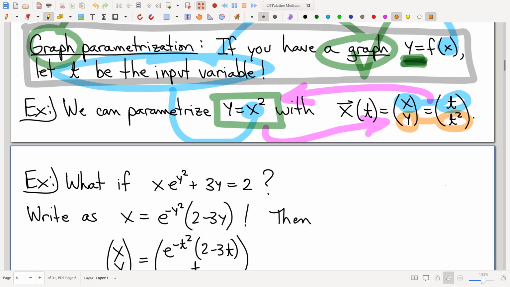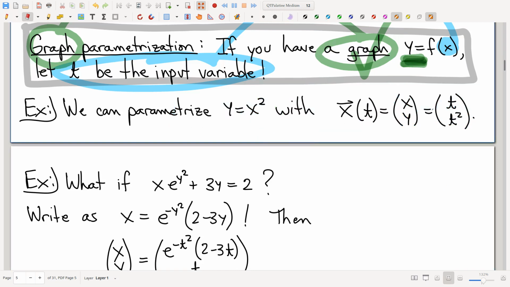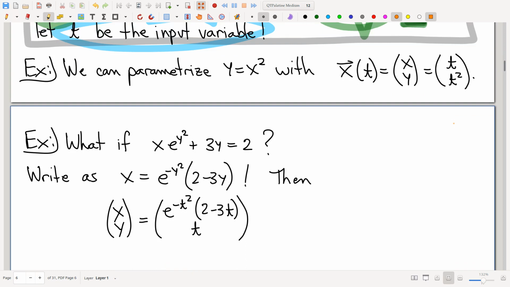and let me clean up the mess that I've made here. Another example here. Let's look at this equation. Not currently written as a graph. I have not solved for one of the variables as a function of the others. And initially you might be discouraged when you see something like this because you might try to solve for y, and you can't solve for y because it's all transcendental and stuff, right?